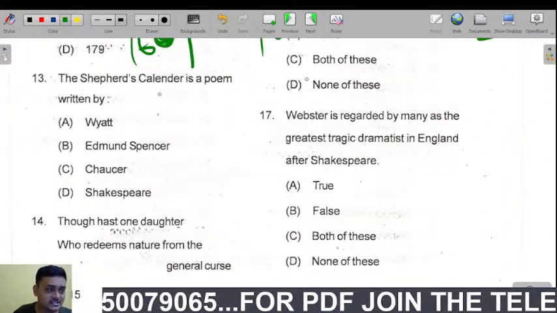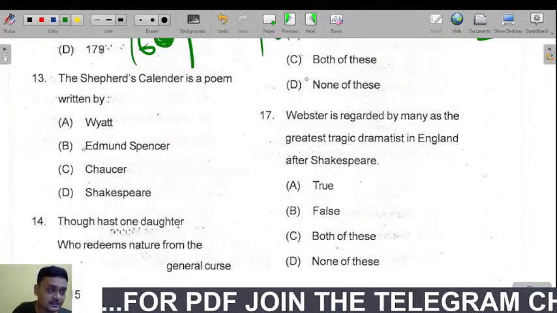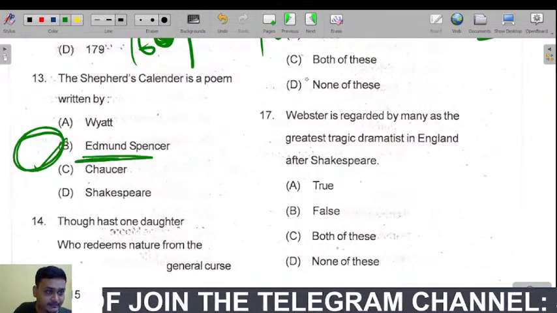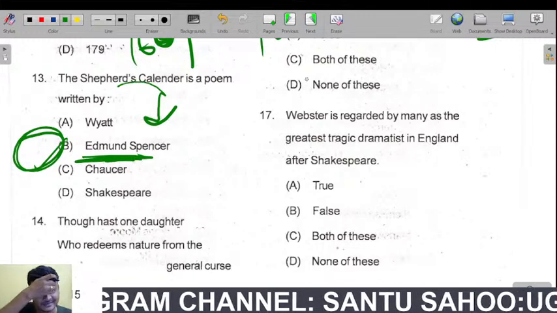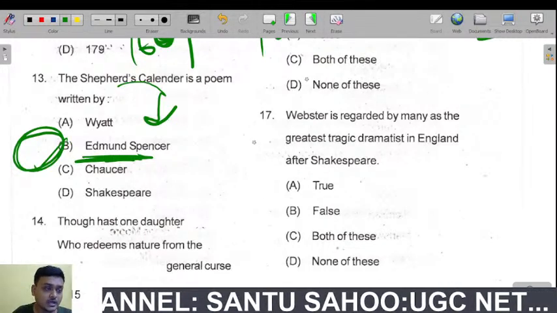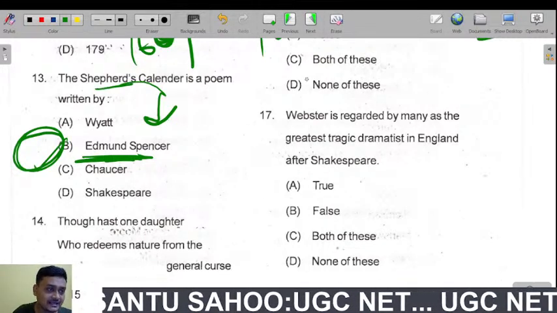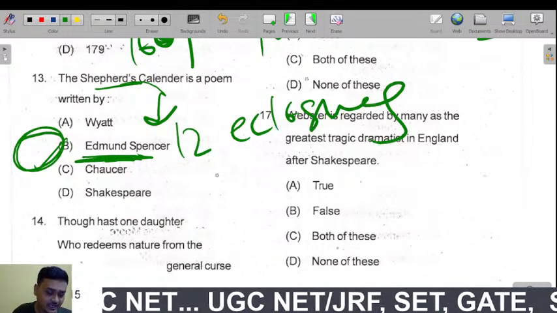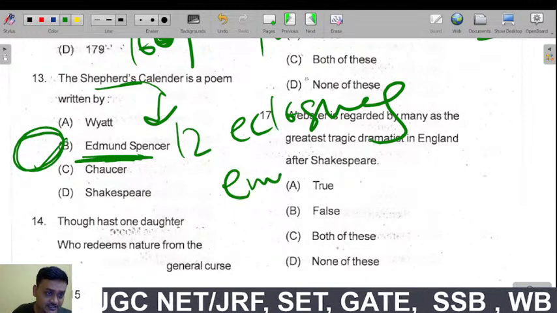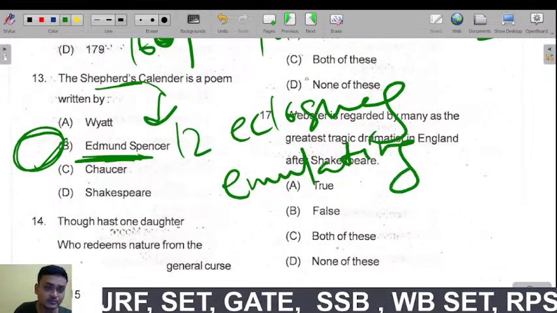The Shepherd's Calendar is a poem by Edmund Spenser. It has 12 eclogues, emulating exactly whom?